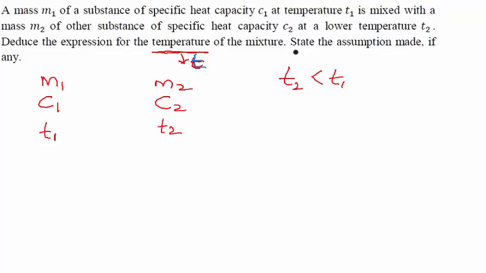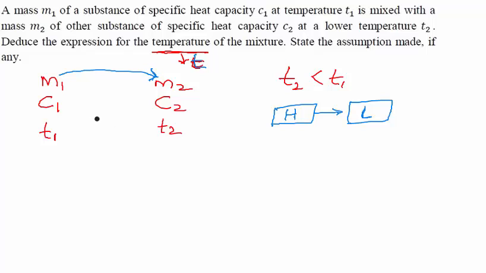Let's go through the problem and try to solve it. If we make any assumptions while solving, let's observe. So the final temperature is T. Now you already know that heat will flow from a body at higher temperature to a body at lower temperature. Now T2 is less than T1, so heat will be flowing from T1 to T2.